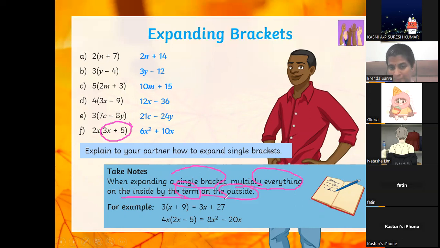That's your rule. So 3 with the bracket x plus 9, you will have to multiply 3 with every term on the inside, like I told you, with the term on the outside. So over here, 4x times 2x, it's 8x squared. Remember that squared. And minus, follow the symbol, 20x.